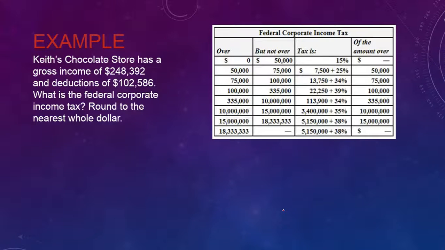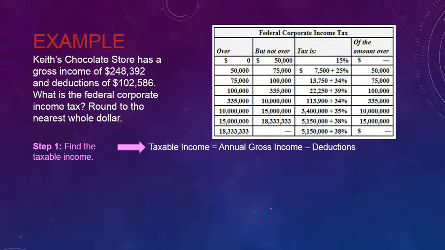All right, so different example, but now instead of finding the taxable income only, we have to find the federal corporate income tax. So this time I already did the deductions for you, so you don't have to calculate that, but we still need to find the taxable income first before we can find the income tax.